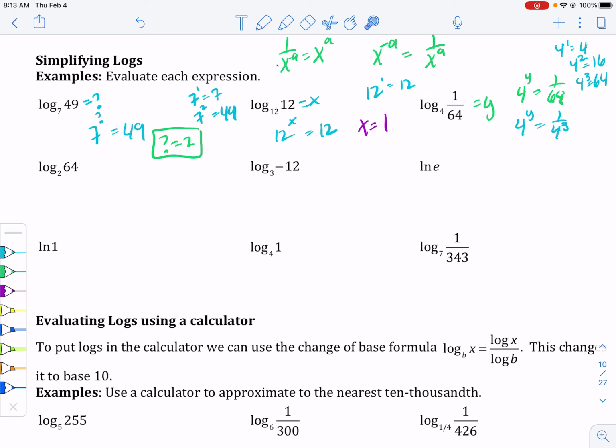So when you have a negative exponent, you move it from the bottom to the top or from the top to the bottom, and then you change the sign of the exponent to be positive. So that means here I can really change this to be 4 to the y equals 4 to the negative 3. Well, then we've got here that our y value is negative 3. So our exponent is negative 3 that gets us to 1/64.